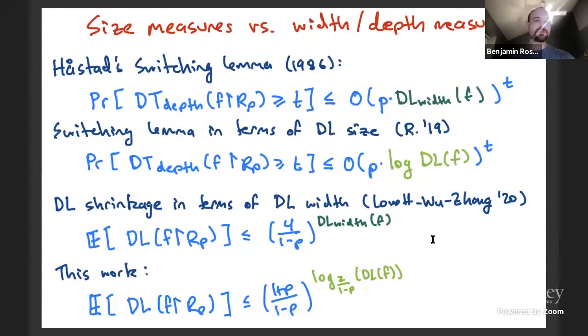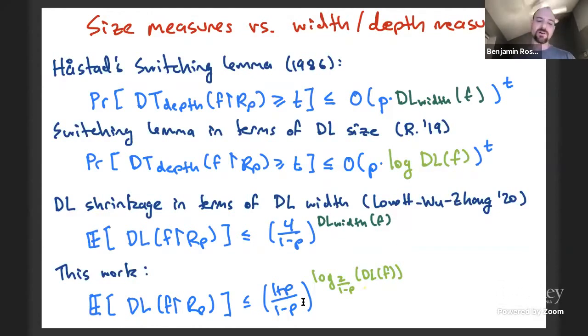To give some context for our result, it's useful to make a distinction between these size measures and the corresponding width and depth measures. Hastad's switching lemma can be framed in terms of converting a small width decision list to a small depth decision tree. In a paper a few years ago, I gave a version of this result which replaces decision list width with log of decision list size.